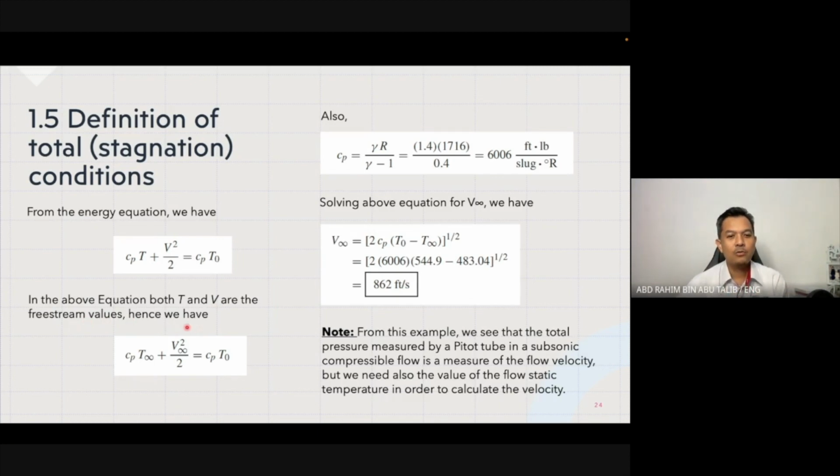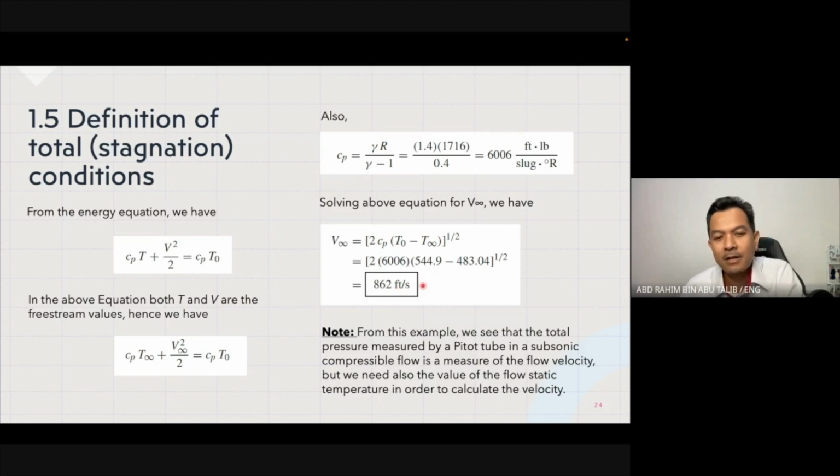Putting in the value for T as the free stream temperature and the value for velocity as the free stream velocity, and with the specific heat capacity at constant pressure, solving the equation for the free stream velocity, you then get 862 feet per second.